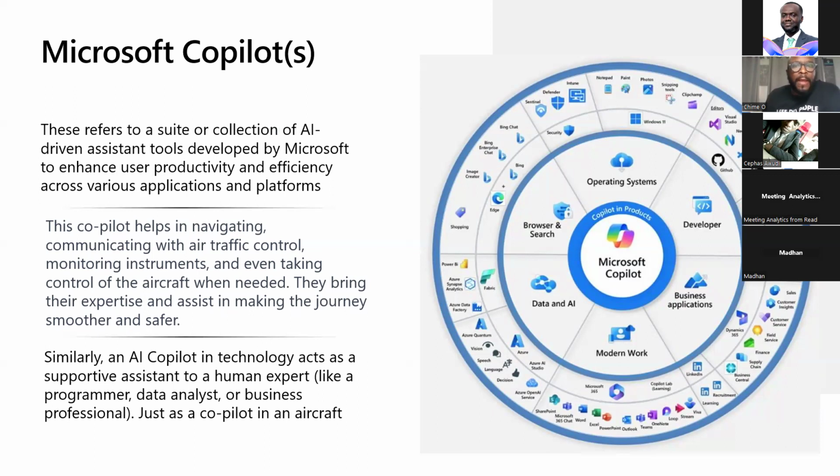So the whole idea of Microsoft Copilot, like I said earlier, is to assist with complex tasks, helping us with our navigation, controlling our environment and workflows, providing guidance, suggestions, or automations around a particular task.